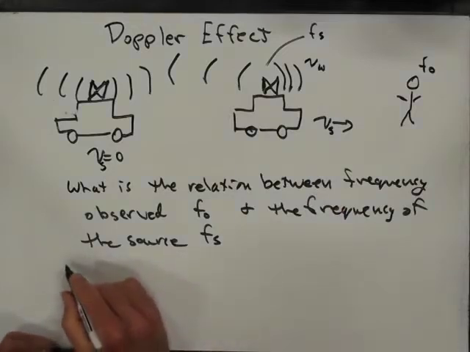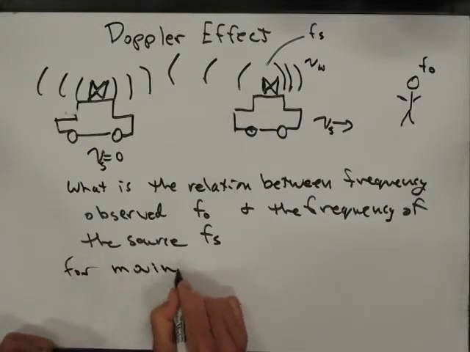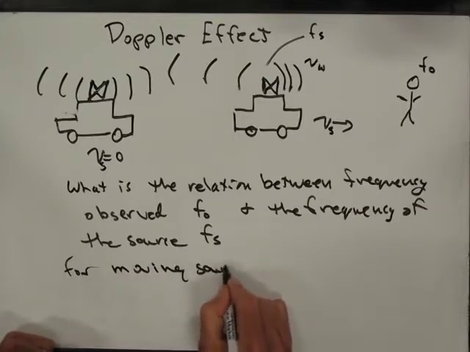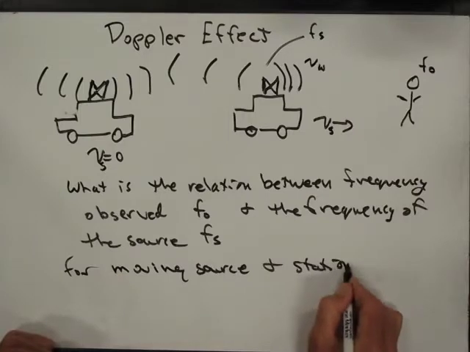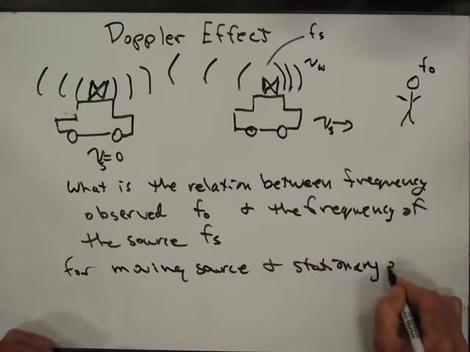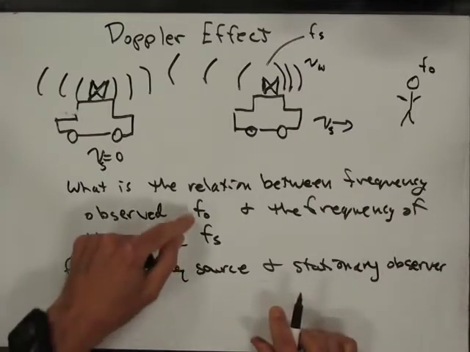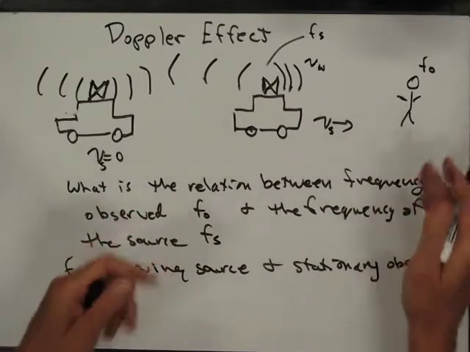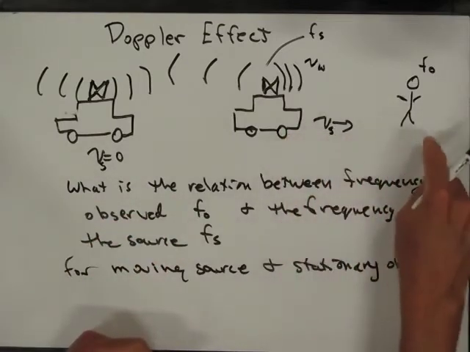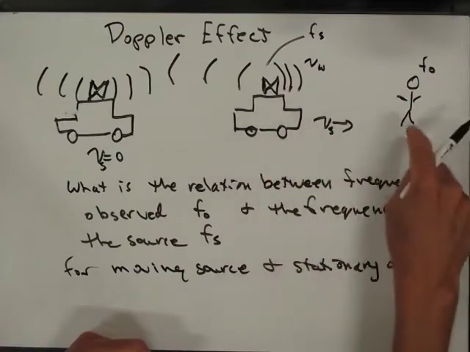And so we're going to do it for a moving source and stationary observer. We're going to try to find the relationship between these two things, and then I'm just going to tell you what the relationship is if they're both moving, or if the source is stationary but the observer is moving.